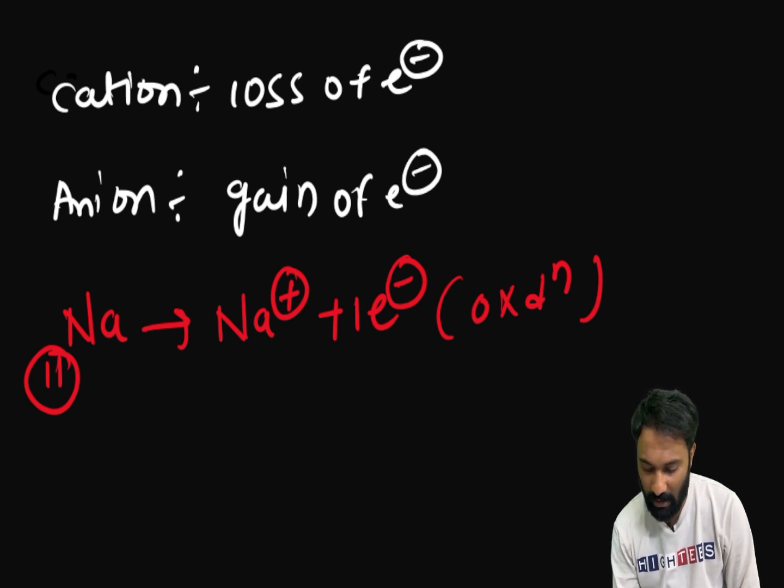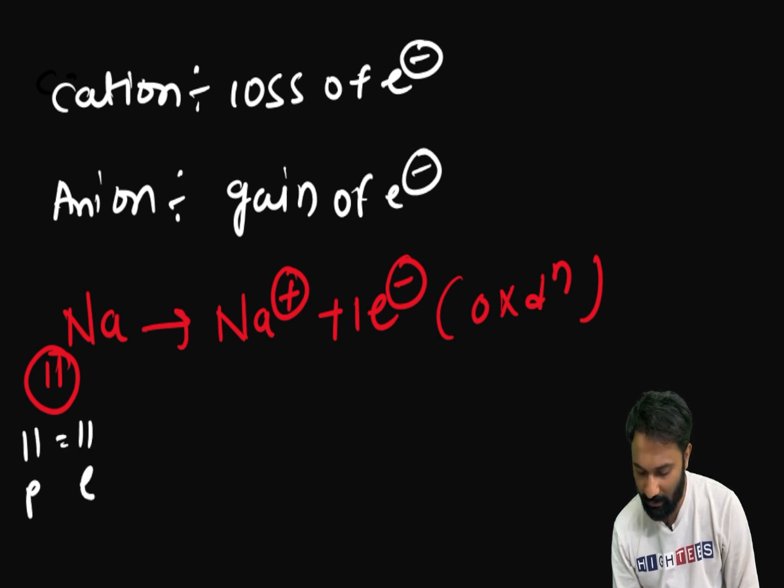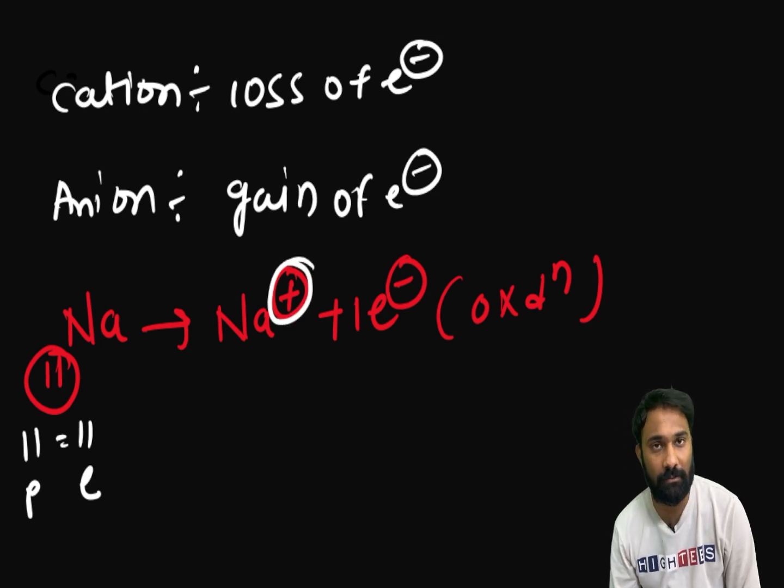Now you see, before the loss of electron, sodium contains 11 protons equal to 11 electrons. Now in Na plus, the plus indicates loss of electron. In chemistry, if you see plus and negative, those are not addition and subtraction.